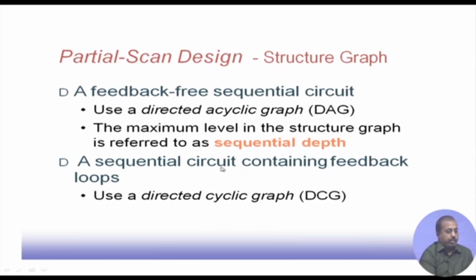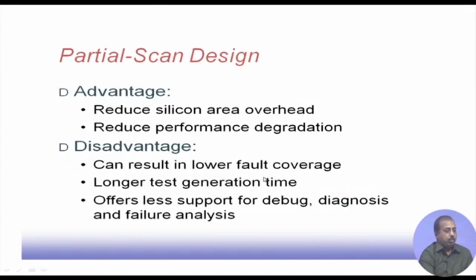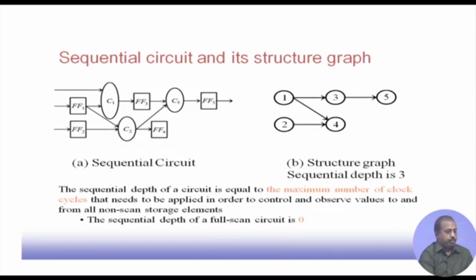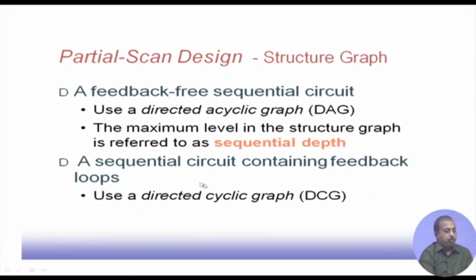The other possibility is that a sequential circuit contains feedback loops. If there is a feedback loop in the graph, then it becomes difficult. So, those flip flops we need to consider, and then we have to break those feedback loops by making them scan flip flops.